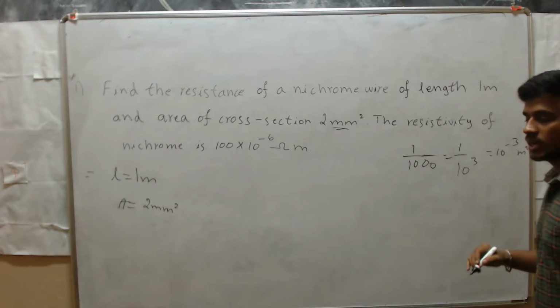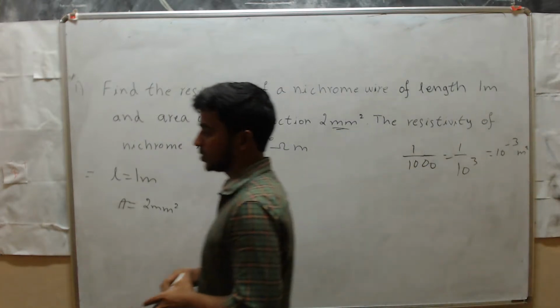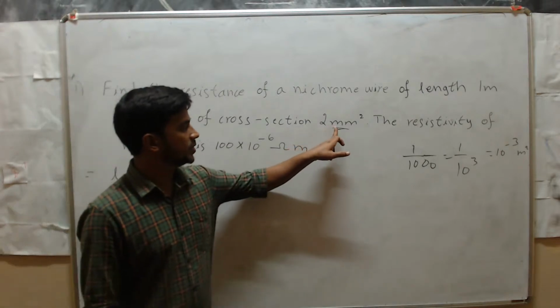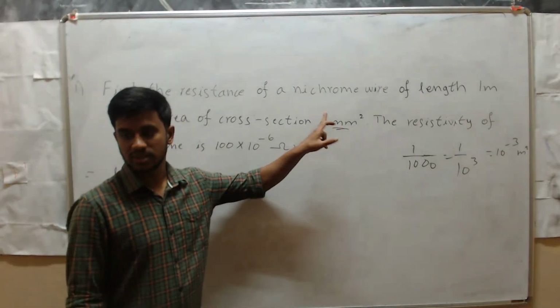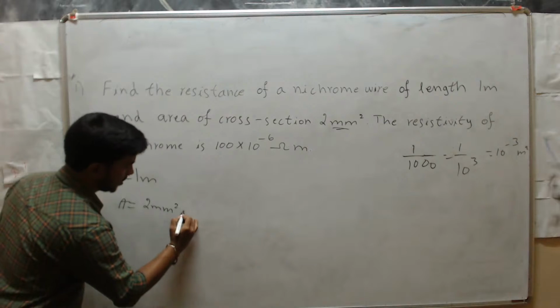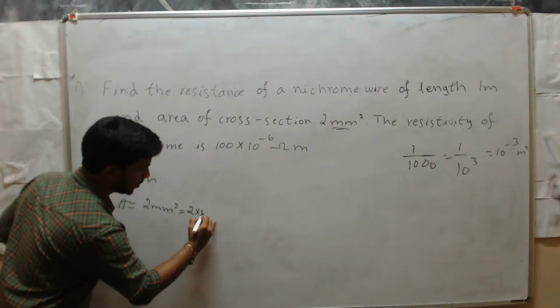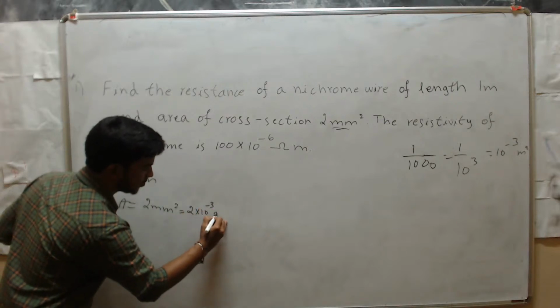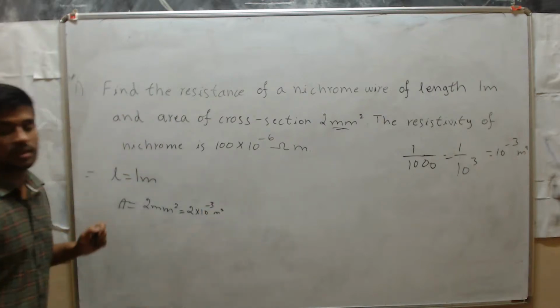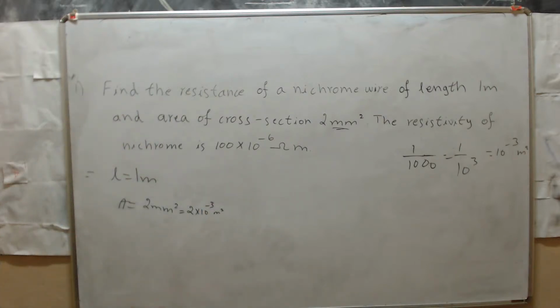Listen here. If you want to convert millimeter square, milli means 10 to the power minus 3. So just write 2 into 10 raised to the power minus 3 meter square. Okay, 2 millimeter square.